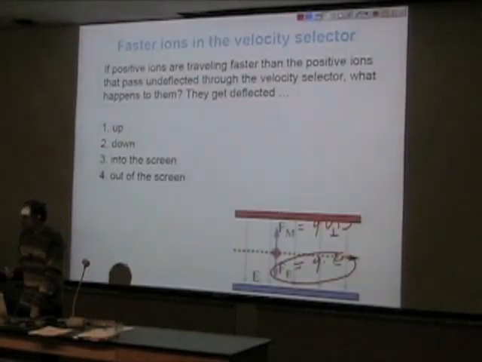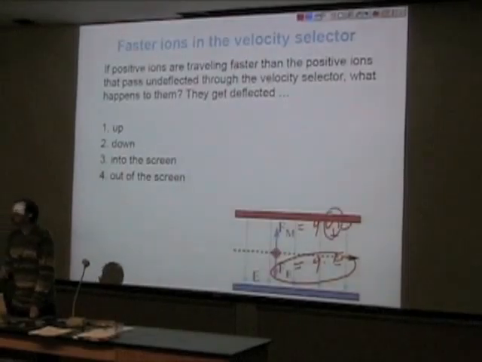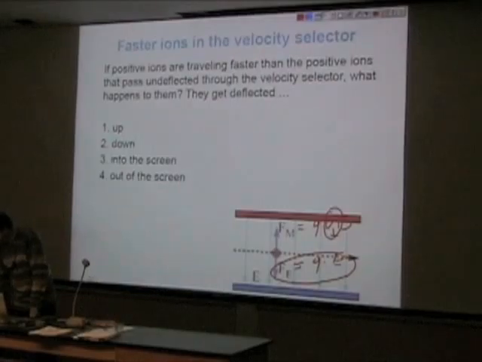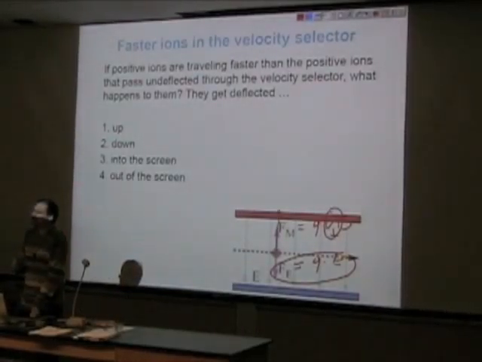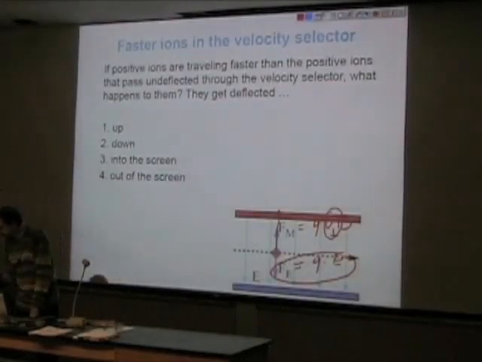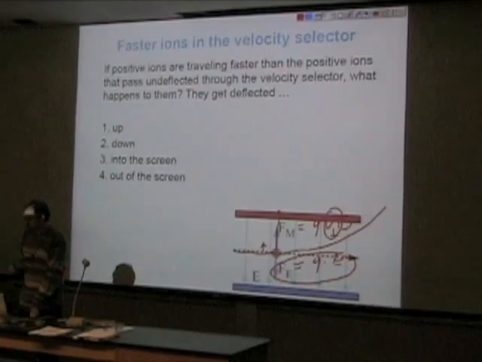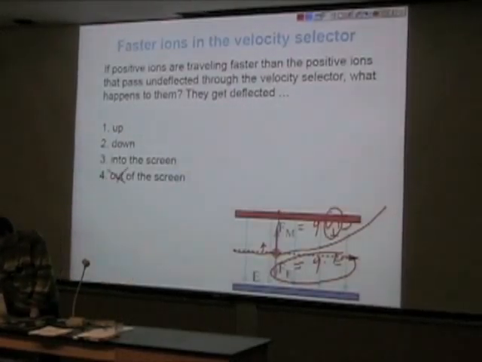So, if we increase the speed of the particle when it's entering this region, we're going to have to increase the force acting on the particle from the magnetic field. So in this case, net force is not zero anymore. There is net force pointing up, and the trajectory should go this way. So, wrong, wrong.